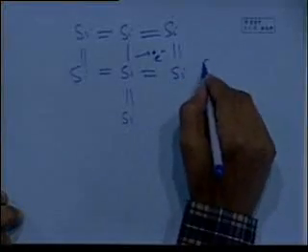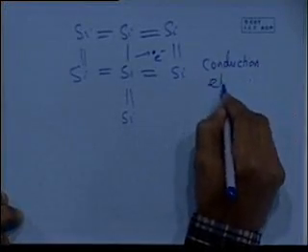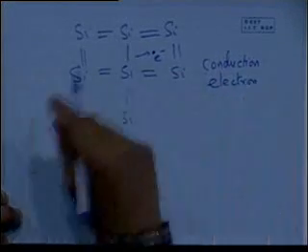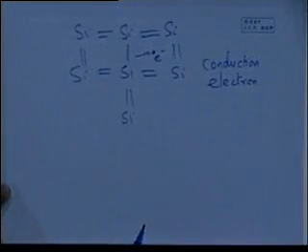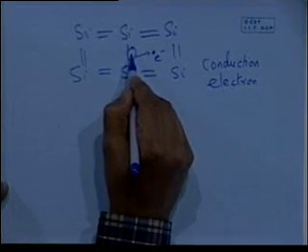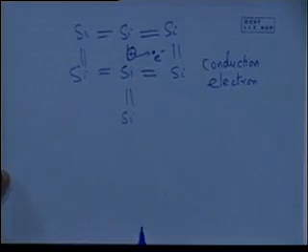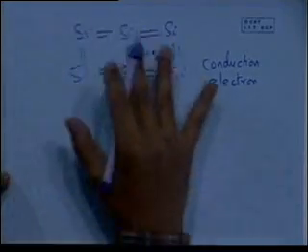This free electron becomes one more conduction electron for me and can contribute to the conduction. But what has happened is that it has also left behind a region of net positive charge. All the valencies were satisfied. Now one electron has gone off.